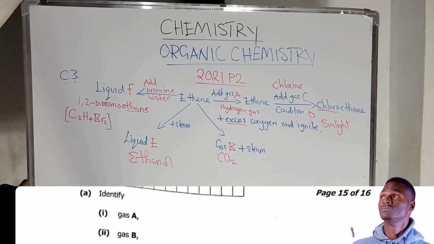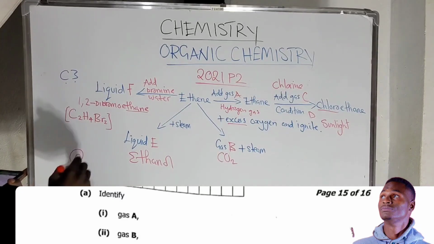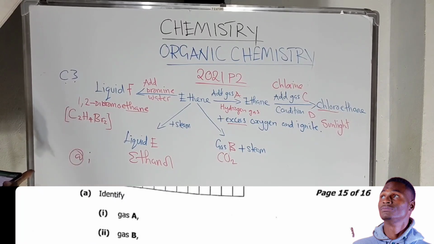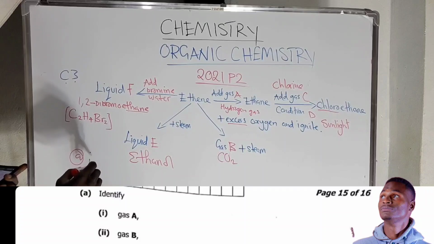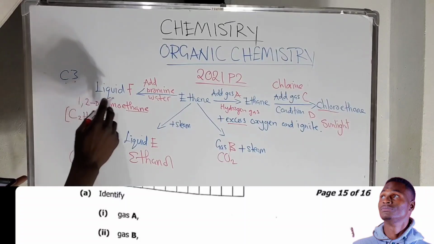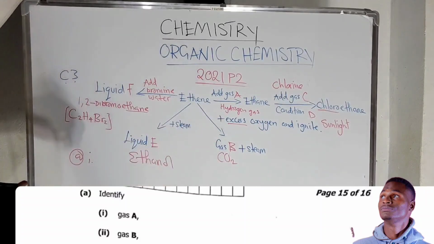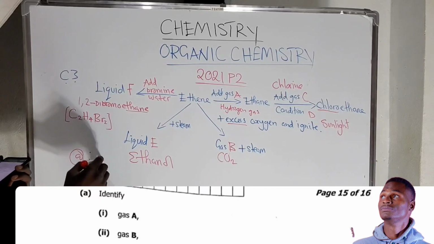Let's now answer the questions that follow. Question A, identify gas A. Gas A is hydrogen gas.